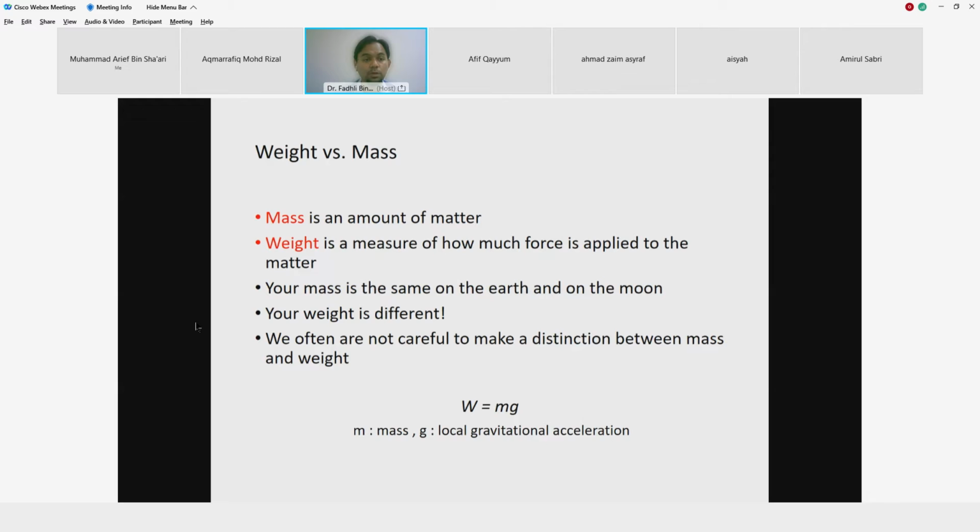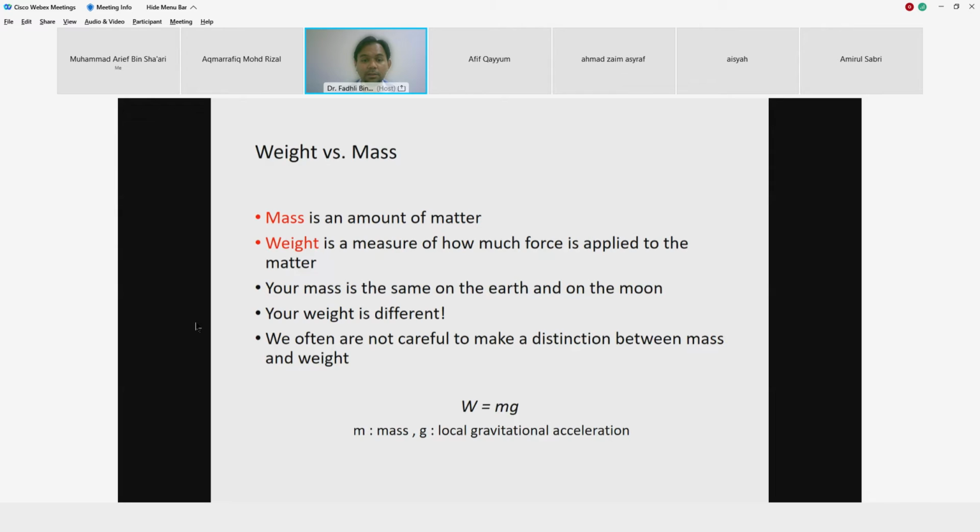We are always confused between mass and weight in our daily life. Sometimes we ask our friend, how much is your weight? That is not correct. Correct is, what is mass? Mass is an amount of matter, kilogram.